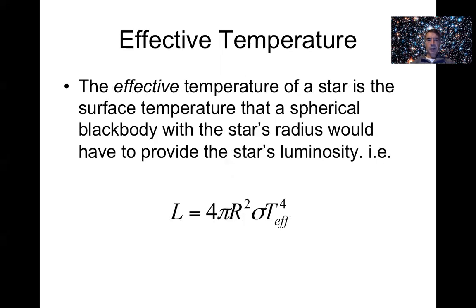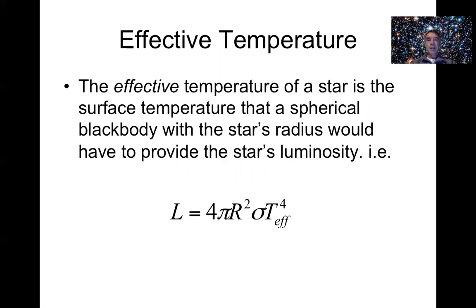Now, when we apply this to stars, we can come back to this question that I touched on when we were discussing the atmosphere of the star and the idea of where the surface is. In stellar astrophysics, we often talk about what's called the effective temperature of a star. This is another way of expressing the concept of the surface temperature of a star.